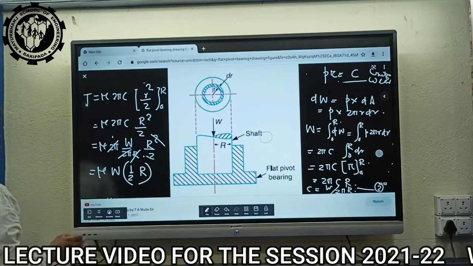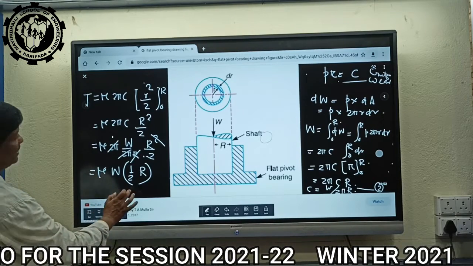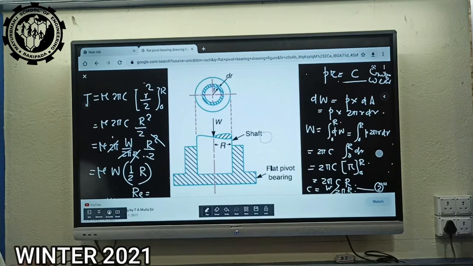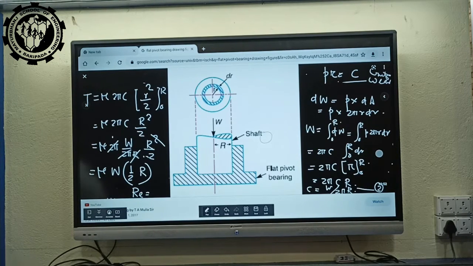This value is called the equivalent radius for the uniform wear condition.